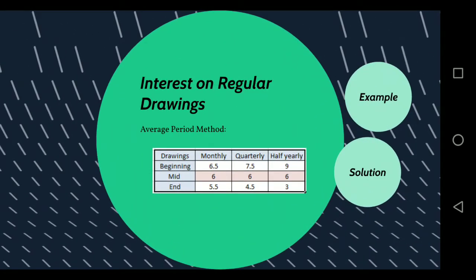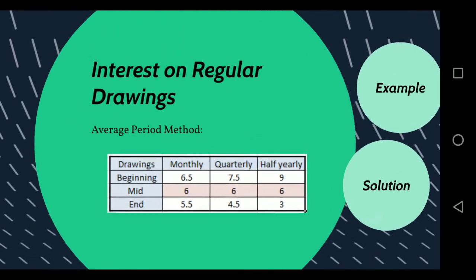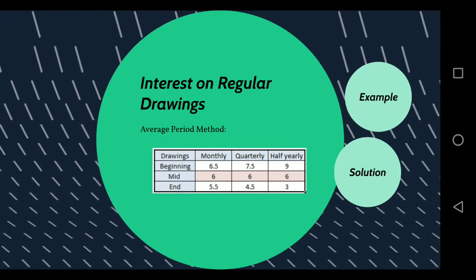Now let's understand how we calculate interest on regular drawings. When the drawings are regular, we use the average period method to calculate interest. The drawings, as we discussed, may be withdrawn on a monthly, quarterly or half yearly basis.